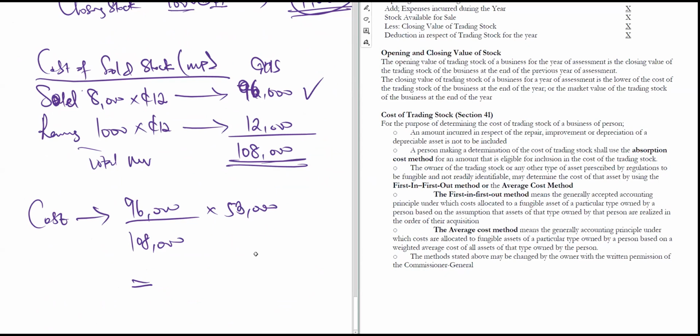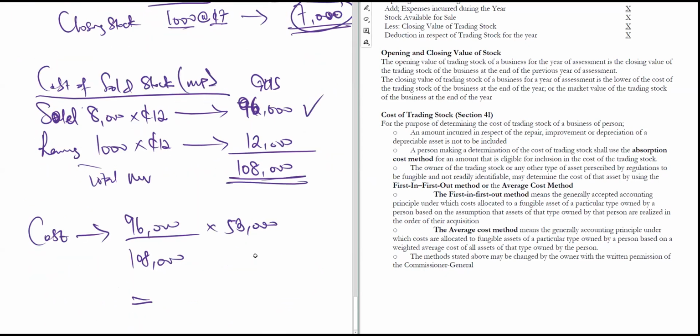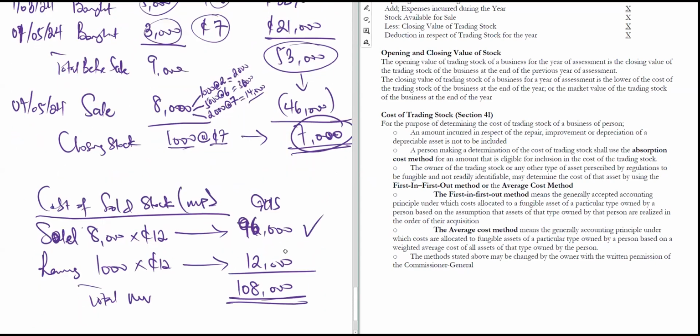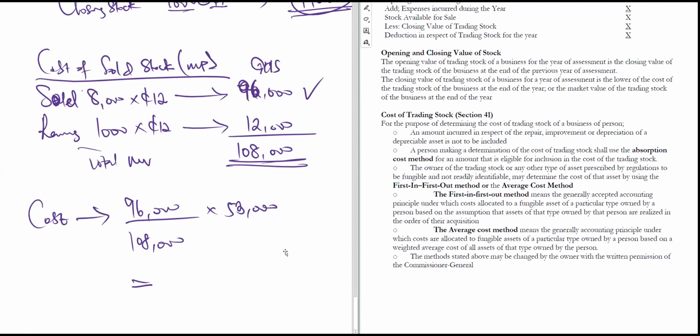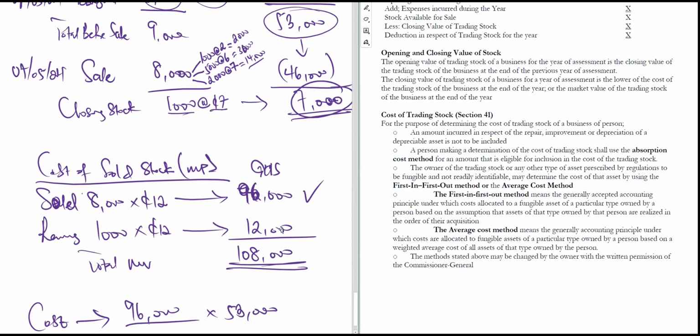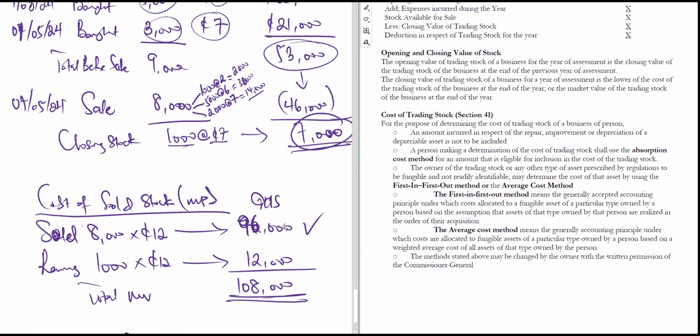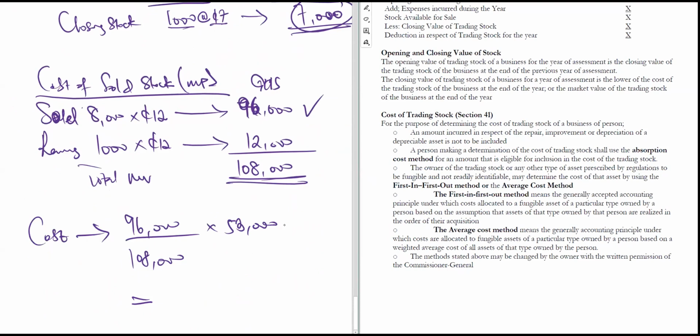And that is how much? 96 out of 108 times 53. How much do we get? 47,111. That means the cost of these goods are worth 47,111. This is the cost of the sold stock.